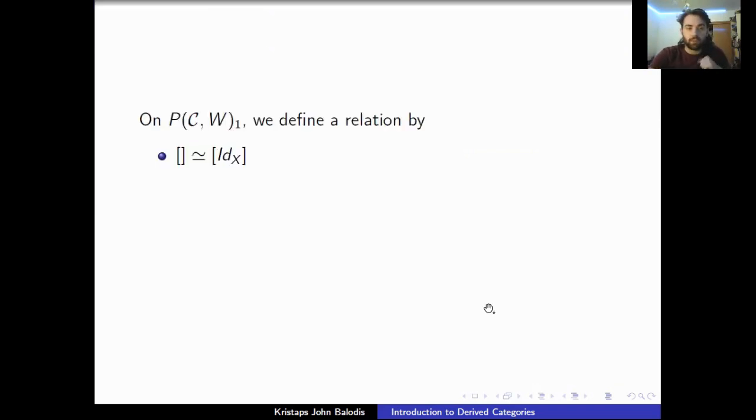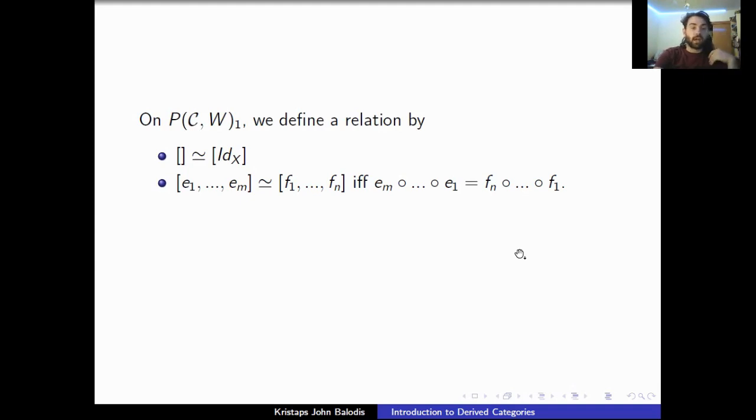Okay, so finally we've defined this image, or we took our category. We built a graph. We then took the image of that graph under this adjoint functor. And so finally, now that we know what equivalence relations are, we're going to define an equivalence relation which identifies the empty path and the class of the original identity morphism from our category.